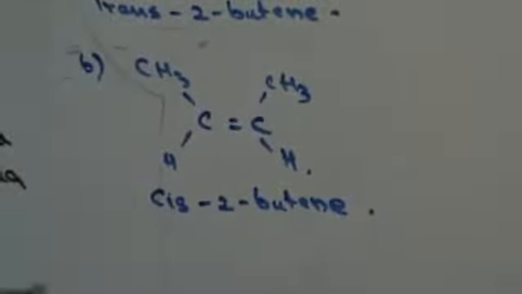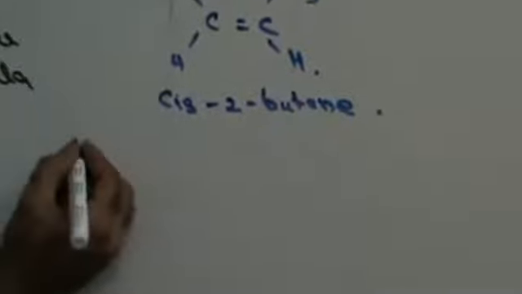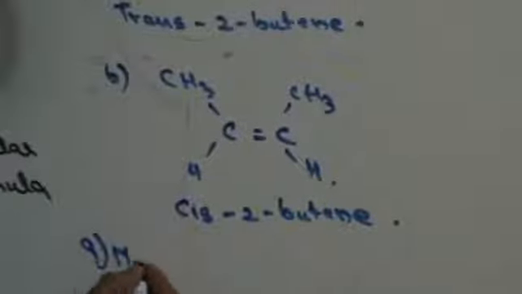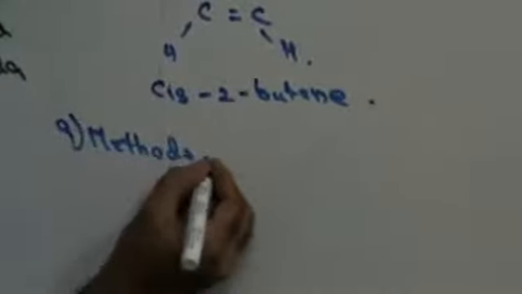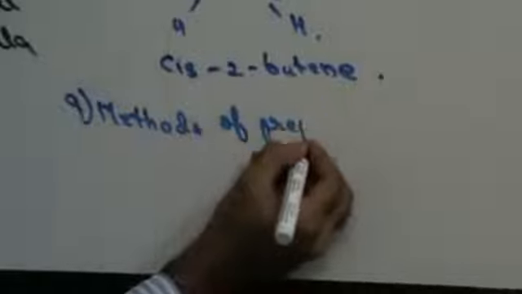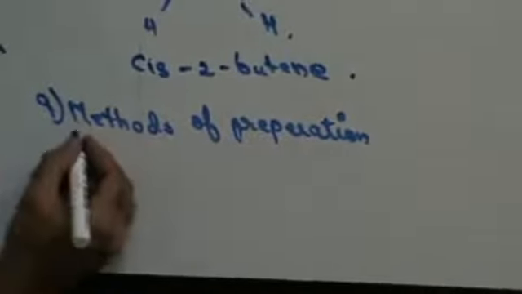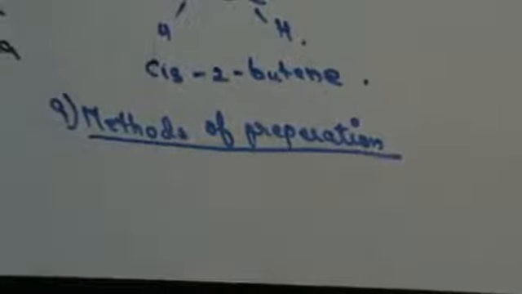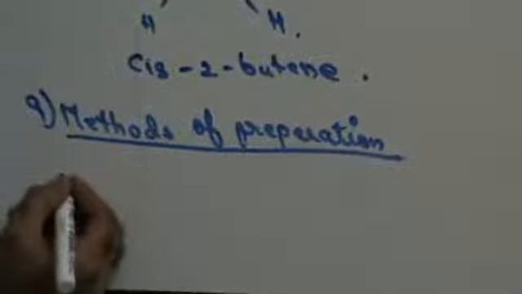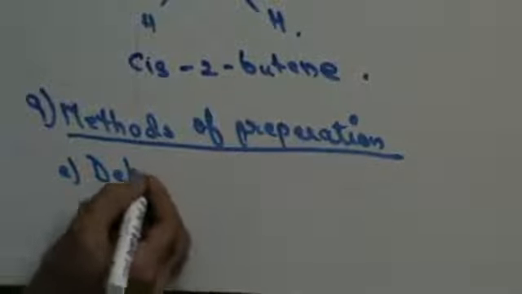Next, let's see what the different methods of preparation are. Amongst the methods of preparation, one is dehydration of alcohol.